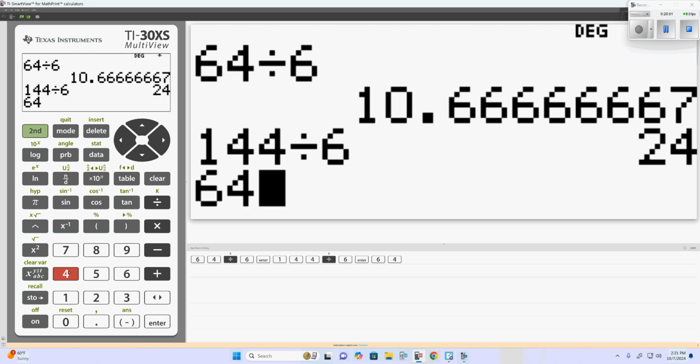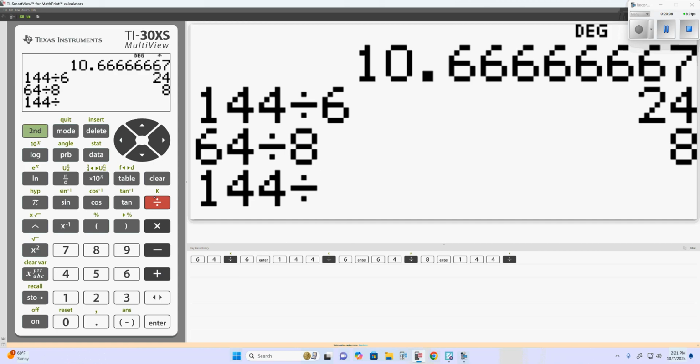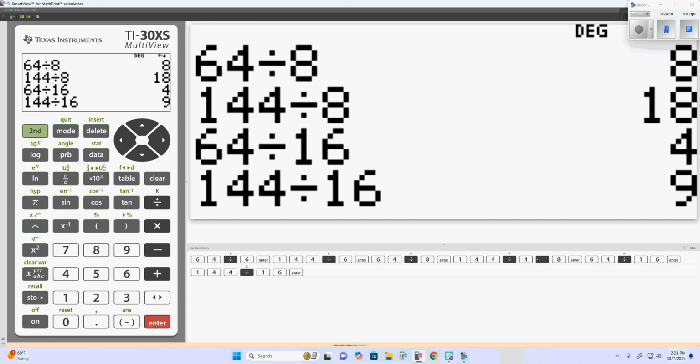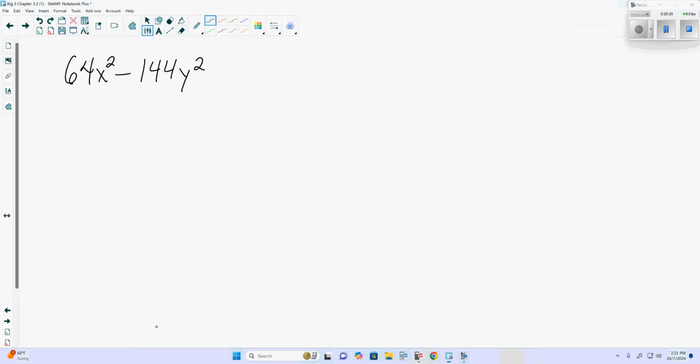Let's see here. 8 does work, but there is one bigger. Actually, 16. 16 will go into both terms. We could have listed all the factors out and seen what was the biggest number that goes into both, or worked it out. Now, 16 is the greatest common factor. We can factor it out and go from there.